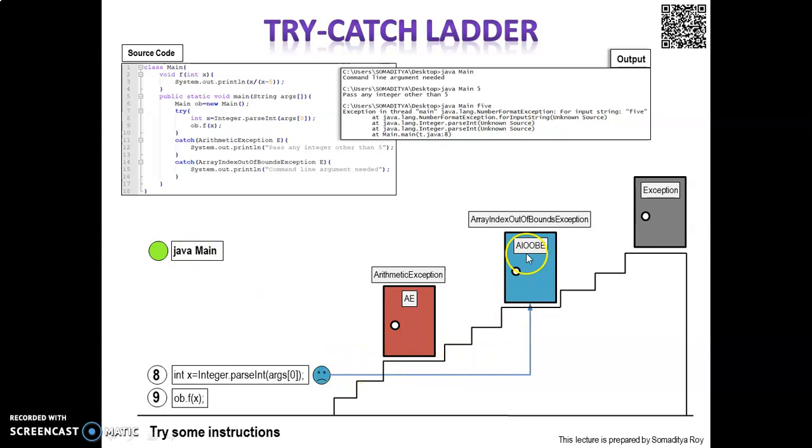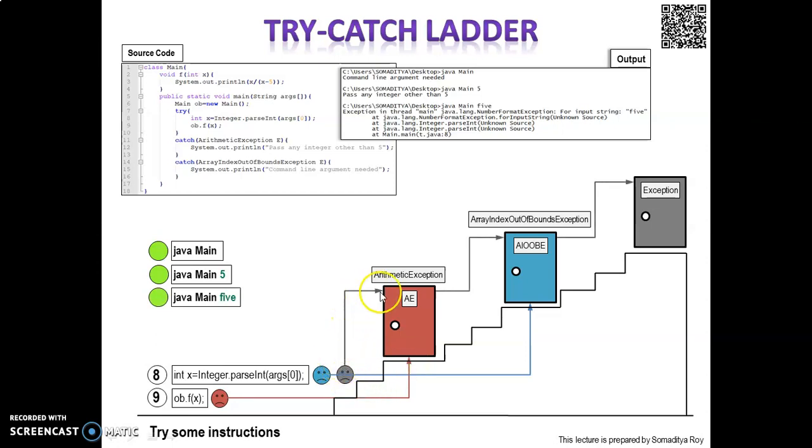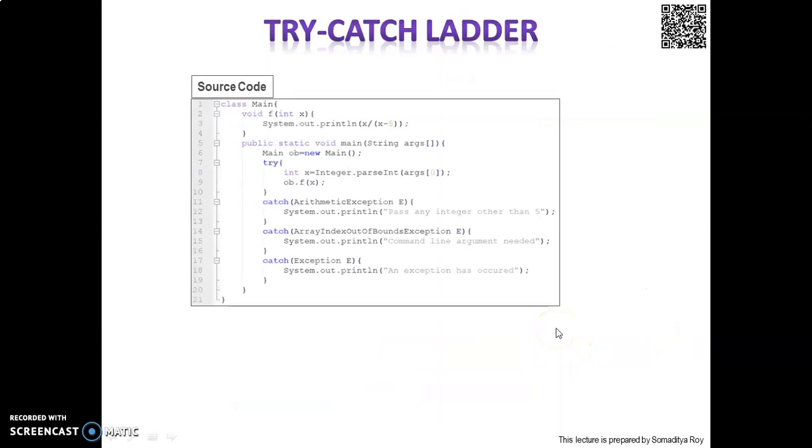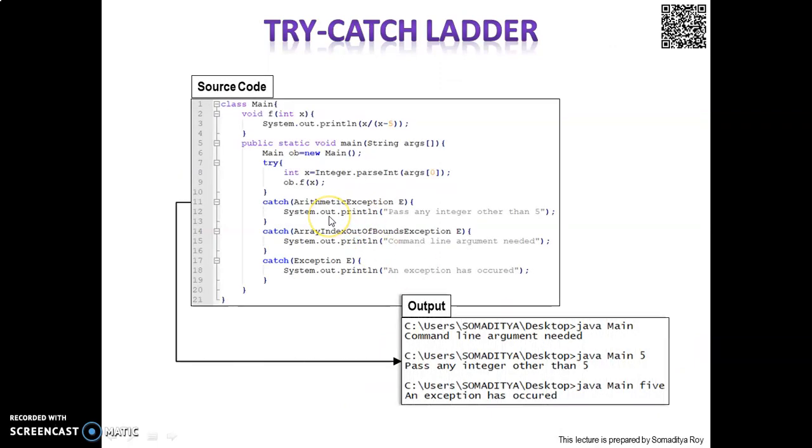The array index out of bounds exception is handled by its catch block and the arithmetic exception is handled by the arithmetic exception catch block, and for number format exception neither of these two catch blocks is able to handle it, but the generic catch block, which is Exception, will be able to handle it. So how should the code look? Now the code should look like this.